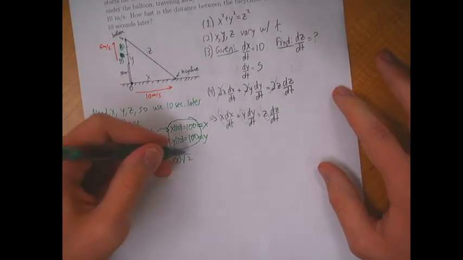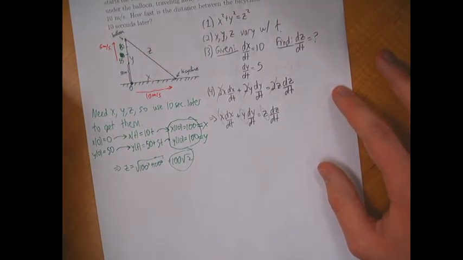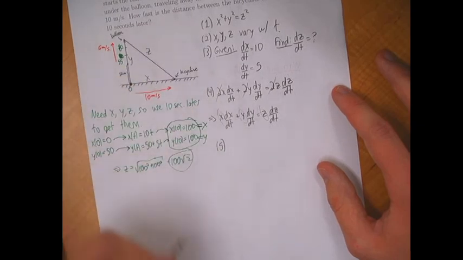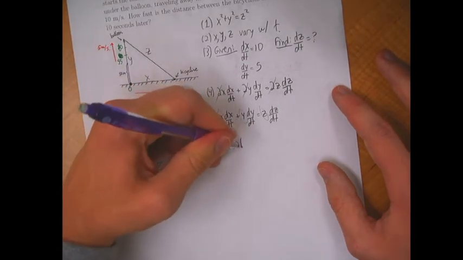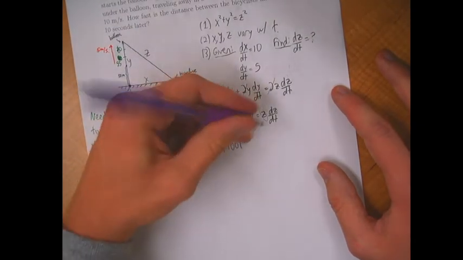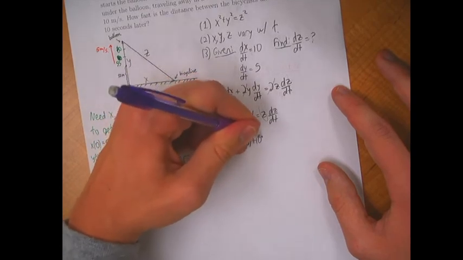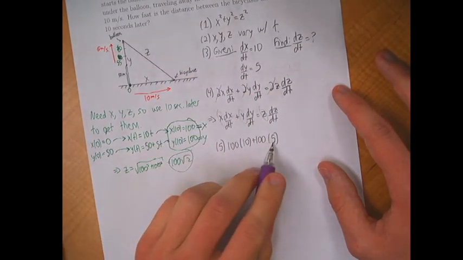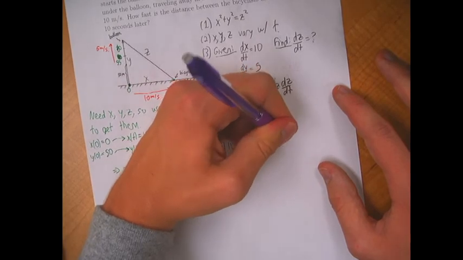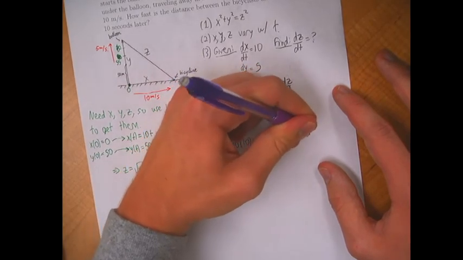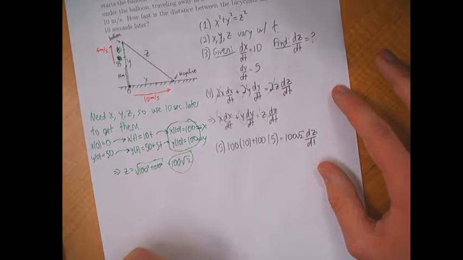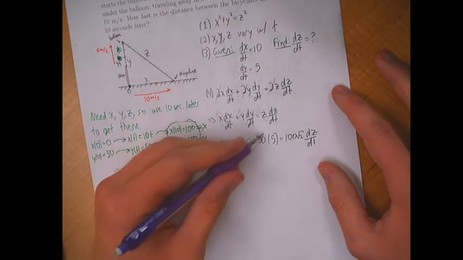Now that we have all of these, let's plug them into step 5, which is 100 times dx/dt, which is 10, plus 100 times dy/dt, which is 5, and that equals 100 times the square root of 2 times dz/dt. What you notice is that the hundreds cancel each other out.